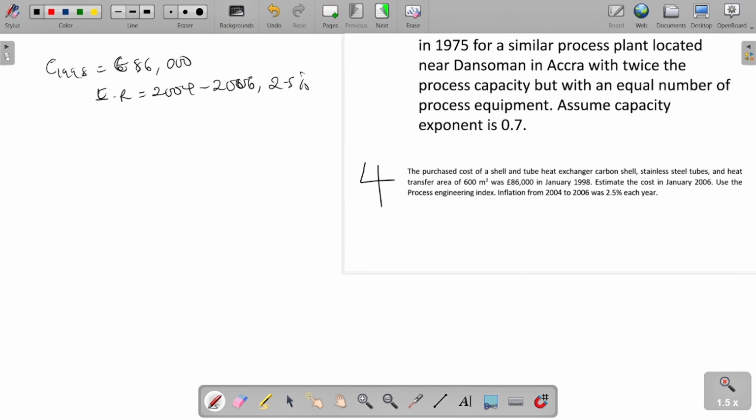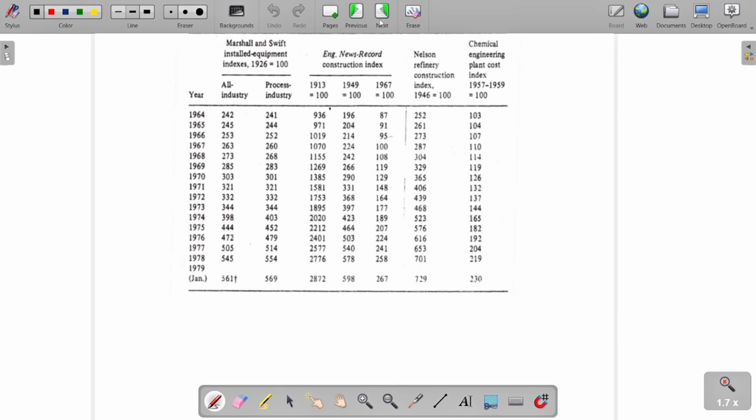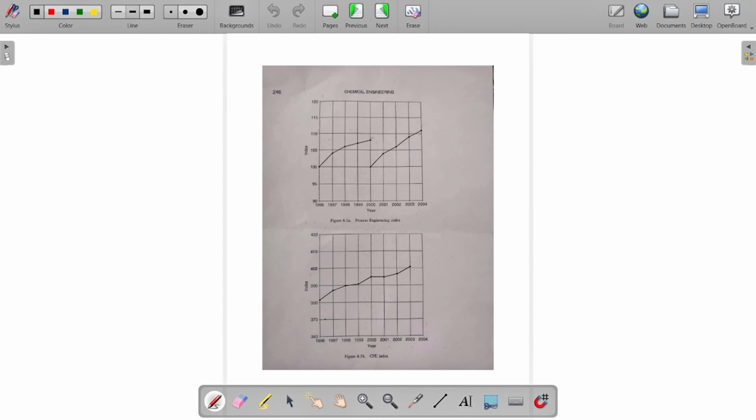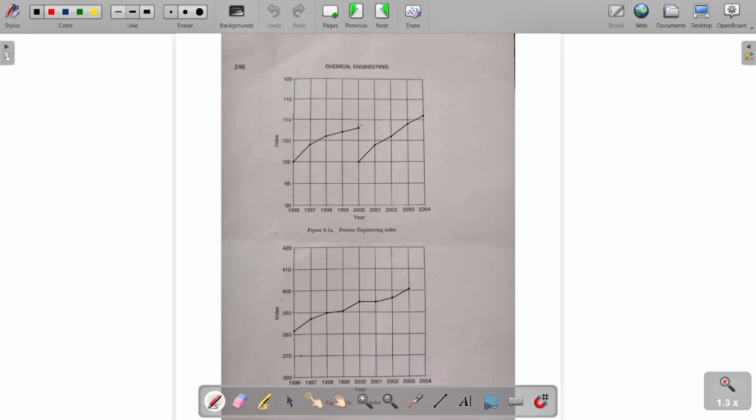This one, I'm using the process engineering index, not the Marshall Institute, right? So for the process index, this is what we do. We are starting from 99, so the index in 99, then the index in 2000. Let's see why we are doing 2001. If we check this graph, this is the process engineering index, right?